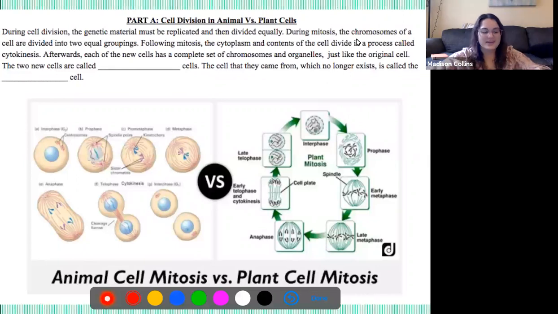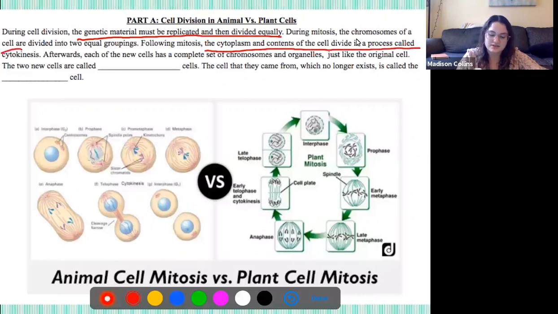So let's get started. During cell division, the genetic material must be replicated and then divided equally. During mitosis, the chromosomes of a cell are divided into 2 equal groupings. Following mitosis, the cytoplasm and contents of the cell divide in a process called cytokinesis. Afterwards, each of the new cells has a complete set of chromosomes and organelles, just like the original cell.